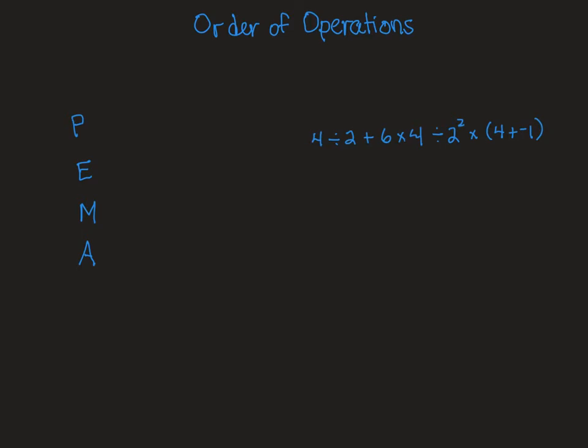Okay, so the order of operations has four levels. Four, just four. Okay, did I make myself clear? Just four. The first one is parentheses or any grouping symbols.